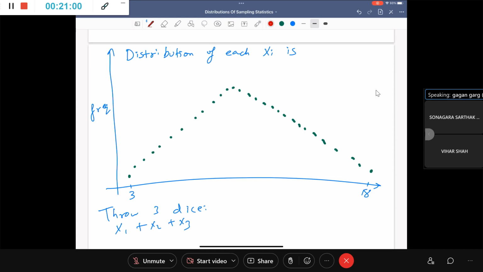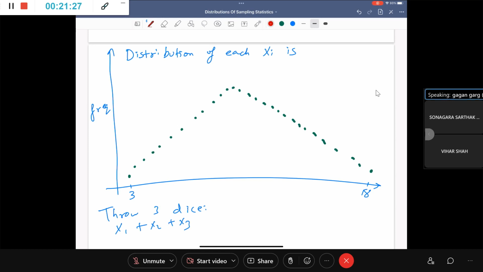Okay, so continuing with our discussion. What is the distribution of each xi? We saw the distribution of the sum of xi's, and we saw that it is tending towards normal.